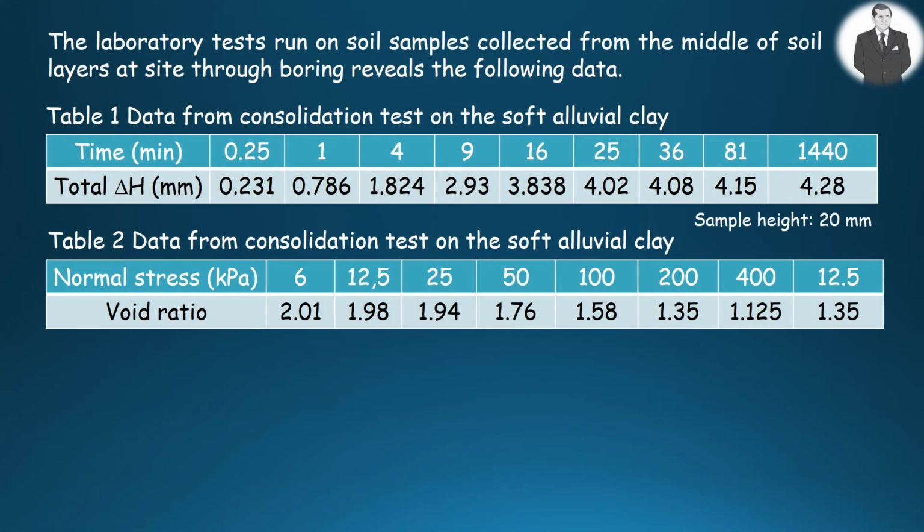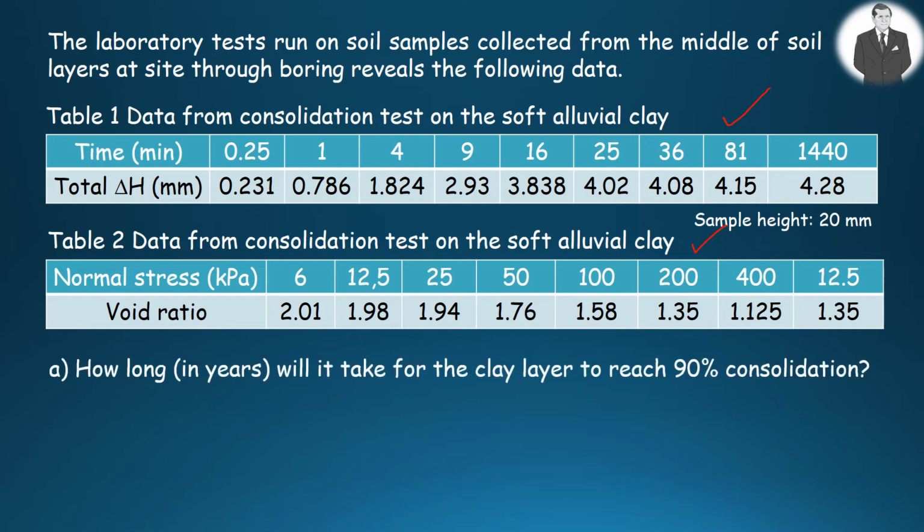The laboratory tests carried out on soil samples obtained from the middle of soil layers at the site through boring give the following data presented in Table 1 and Table 2. The questions are: A, how long will it take for the clay layer to attain 90% consolidation?